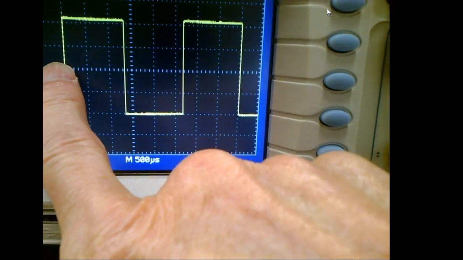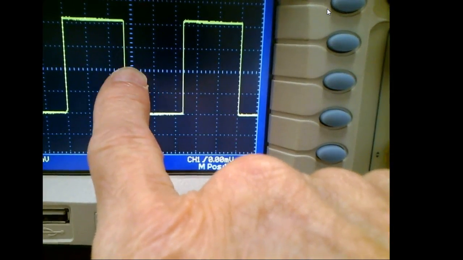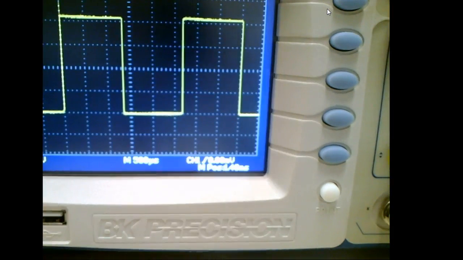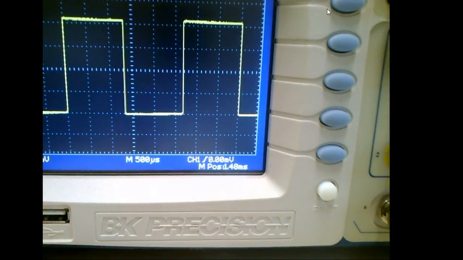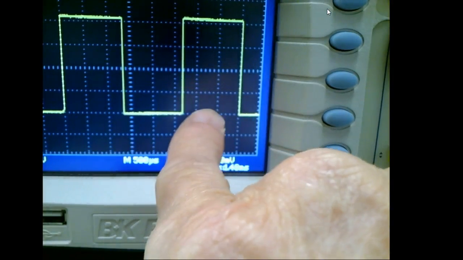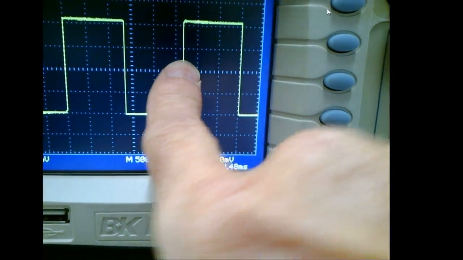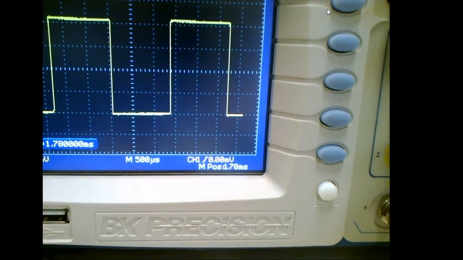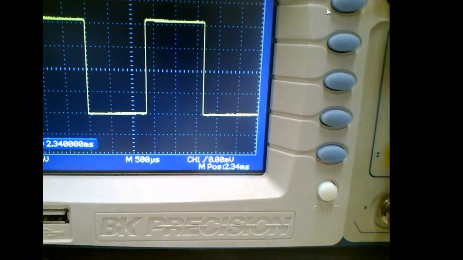Wherever you start here, I could start with this guy if I wanted to. It's just that you choose the same spot on both. So here I'm starting on the one going up. So I count to the next one going up. Let's redo it because the frequency is the same. Let's say I come up here and reference it to one of my low going edges.